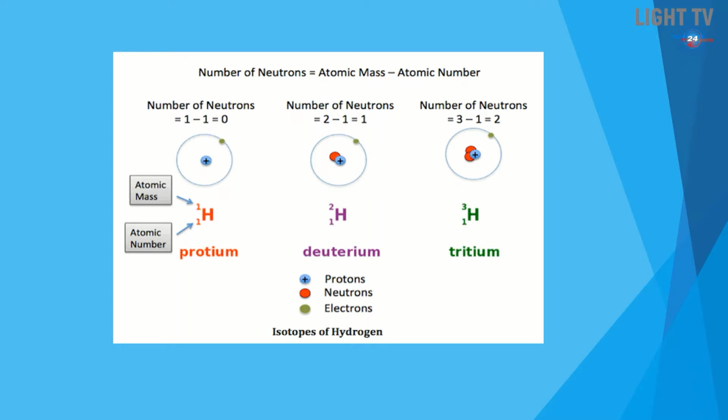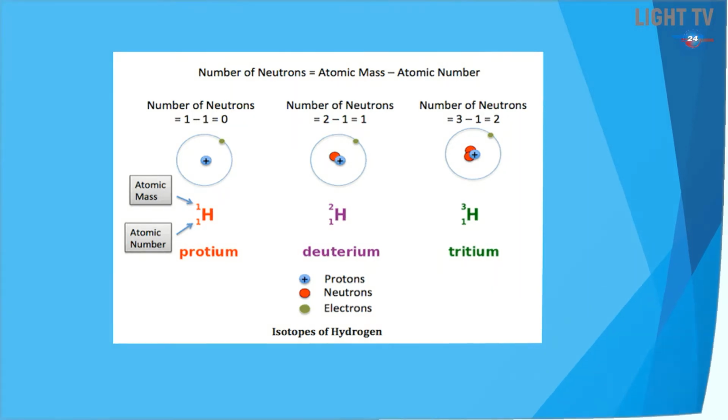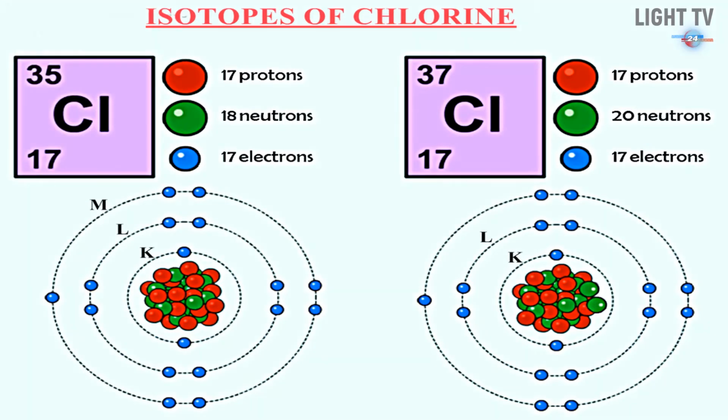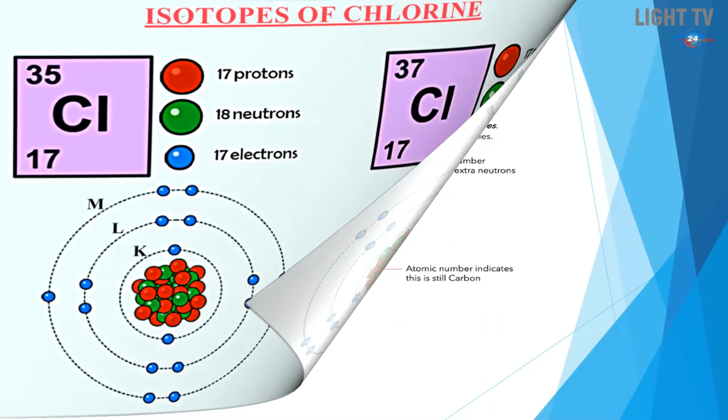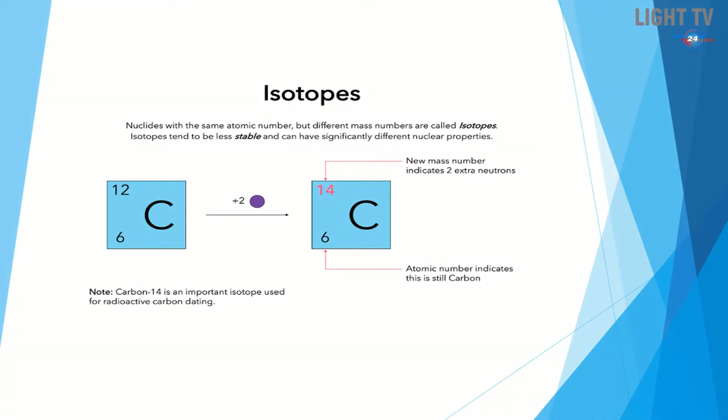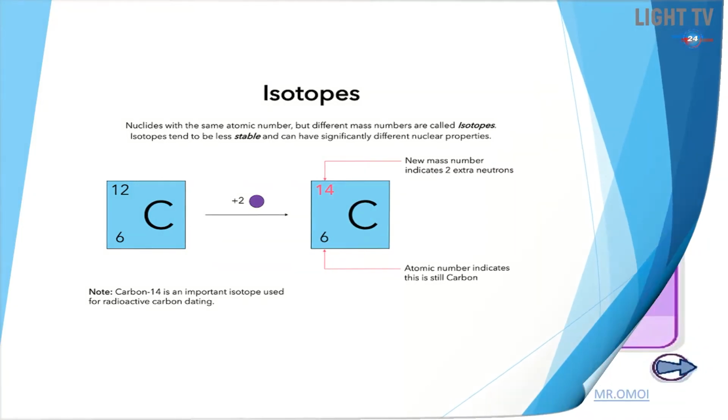I hope that one is understood. We have so many isotopes. Chlorine also has isotopes, chlorine 35 and chlorine 37. Carbon has isotopes too, carbon 12 and carbon 14.